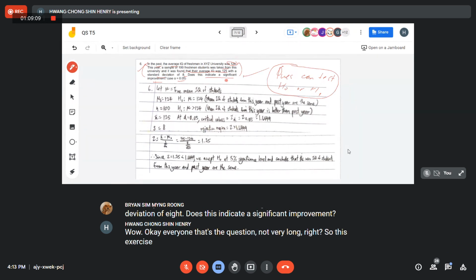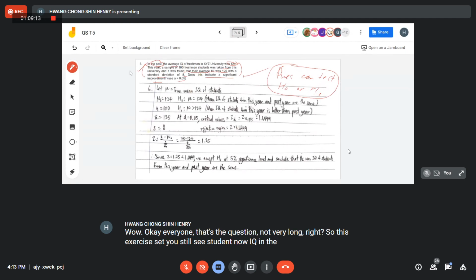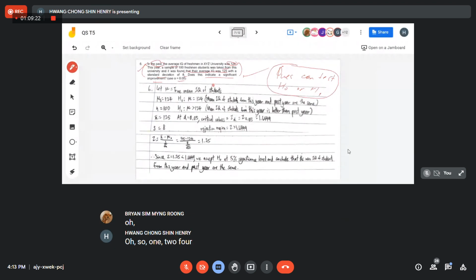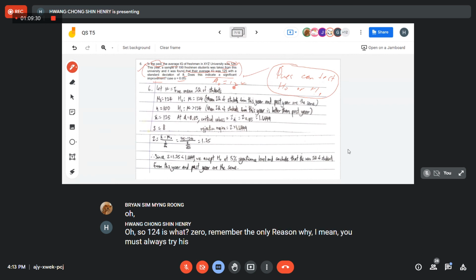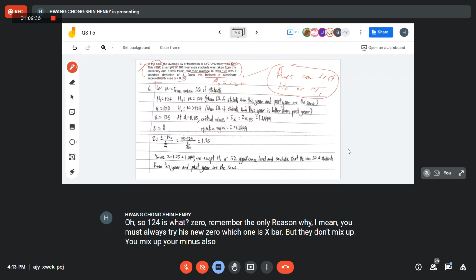So the IQ in the past means old or new? In the past means old, so 124 is mu 0, the old mean. You must know which one is mu 0 and which one is X bar, and don't mix them up. You mix up, your minus also wrong already.